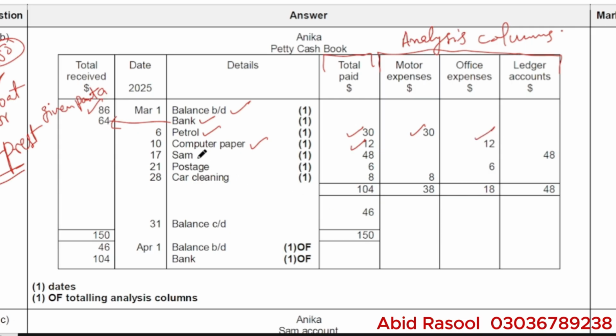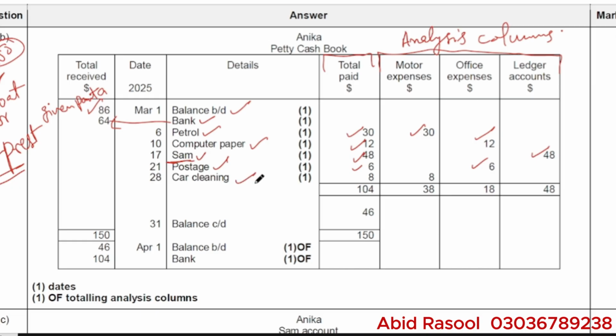Then we paid Sam. Now Sam is our supplier. If we have to make a payment to our suppliers, it is written in the ledger accounts column. We wrote 48 here, in total paid first, and then in ledger accounts 48. Then postage was paid, $6, and postage is an office expense.